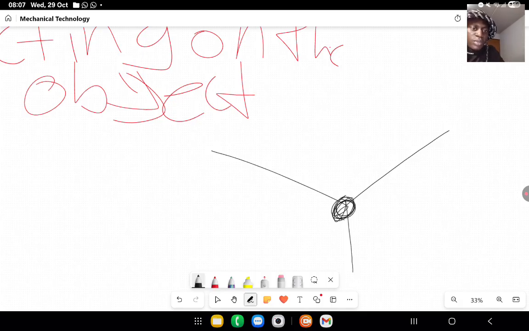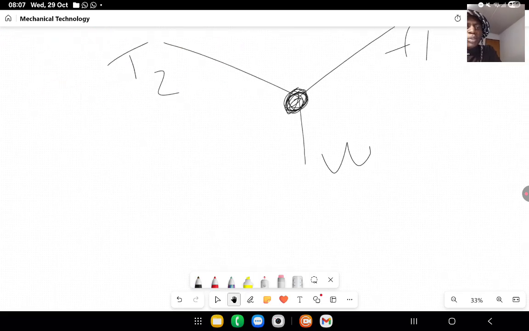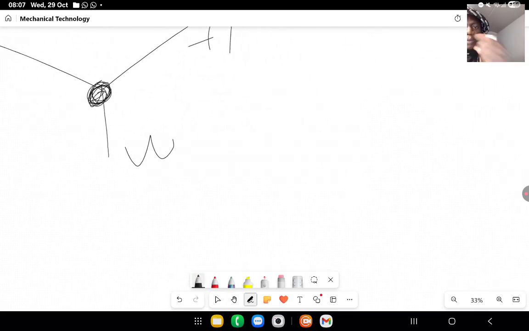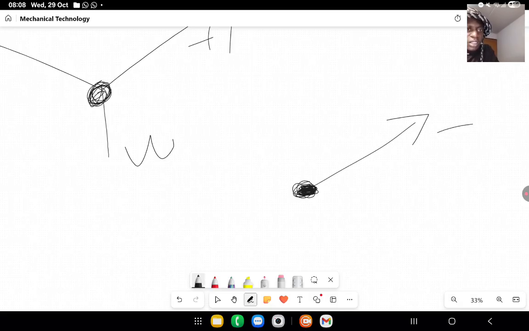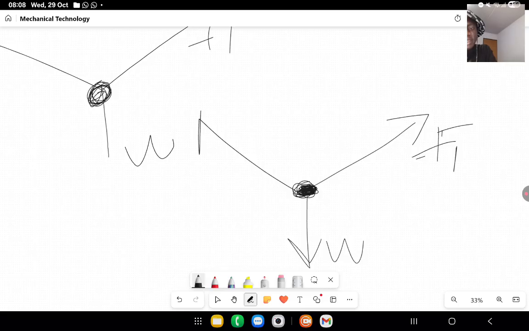They say this is our object, with F1, F2 and weight. To draw this free body diagram, you have to represent the object by a dot, not a circle. Then you have F1, then weight, then another force F2.